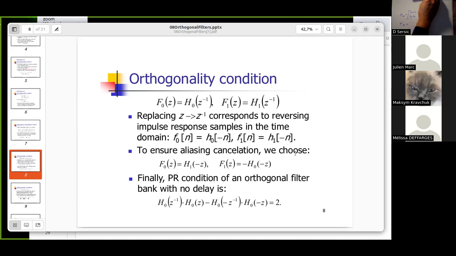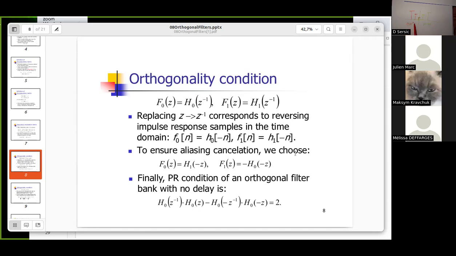I'm going to show it. Sketch. So if I have 1, 2, 3, now I have 1, 2, 3 mirrored. So this is H of Z, and the red ones are H of Z to the minus 1.